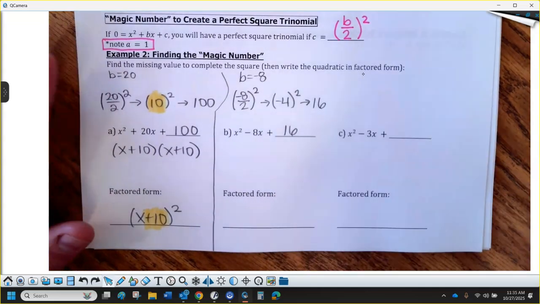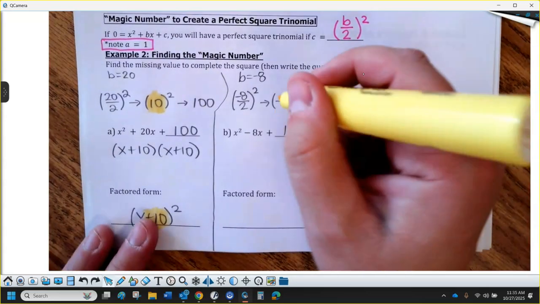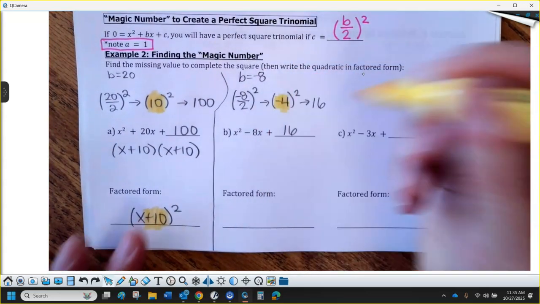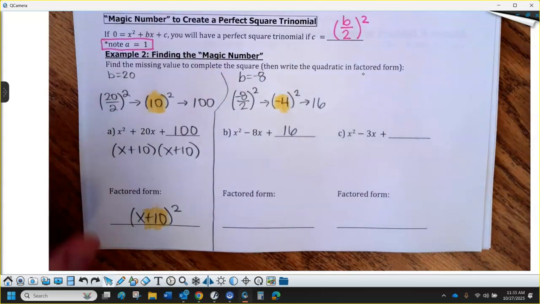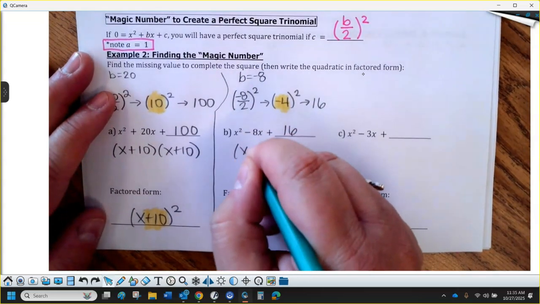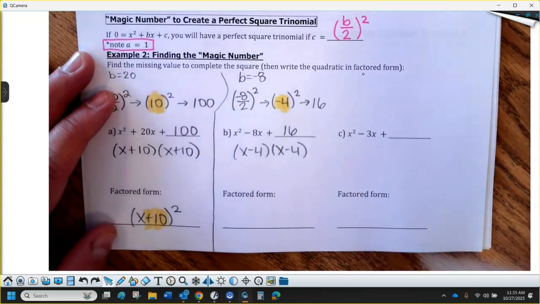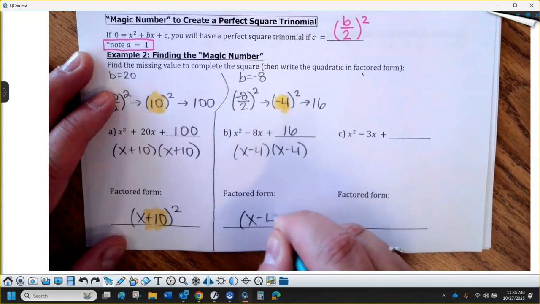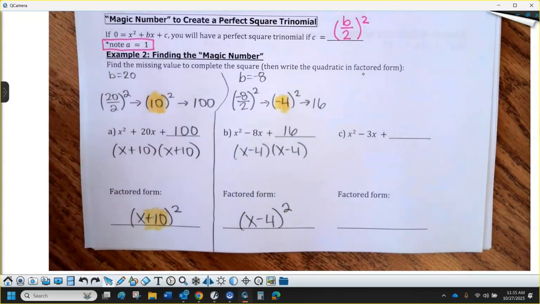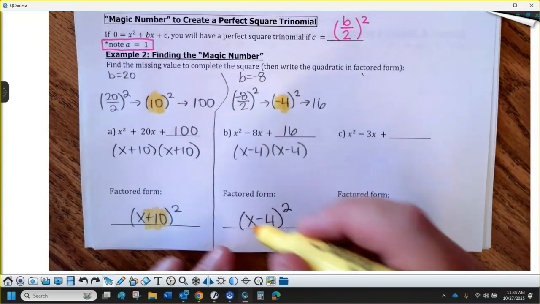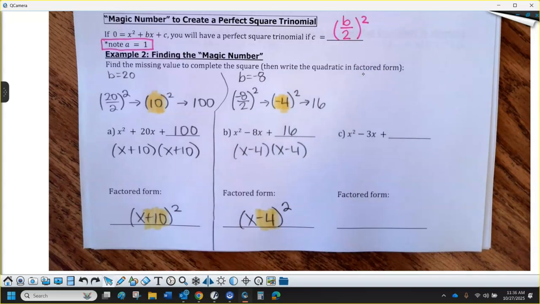Now, I swear to you, whatever you square, multiply to get positive 16, add to get negative 8. This would be x minus 4 times x minus 4, and the entire purpose of doing this is so we can squish them together and write it as x minus 4 squared. But note, I squared a negative number, so then in the little parentheses, it's x minus that number.